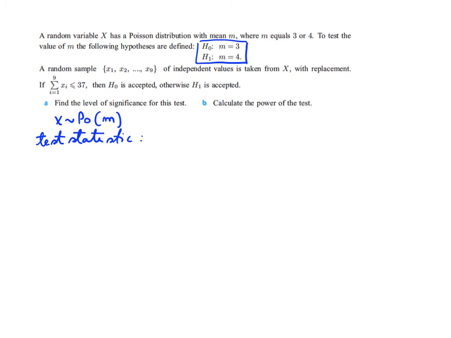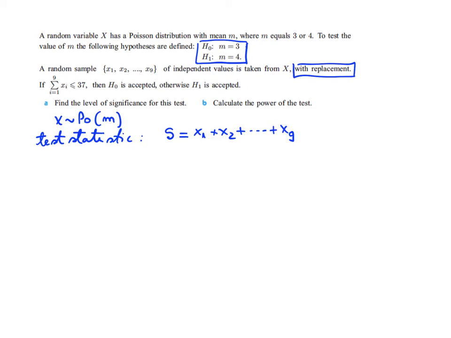We form a new random variable, let's call it S, which is X1 plus X2 plus up to X9, with replacement.